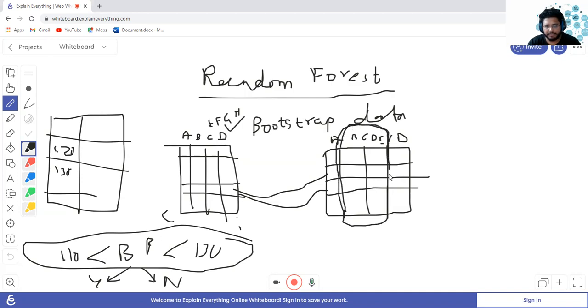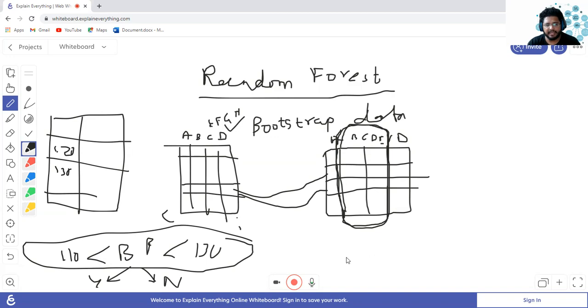So I restricted my data horizontally, but also vertically. By creating the bootstrap data, first I am creating a subset from my original data, taking fewer records. Second, I am taking a subset of the columns to create the tree from that bootstrap data.